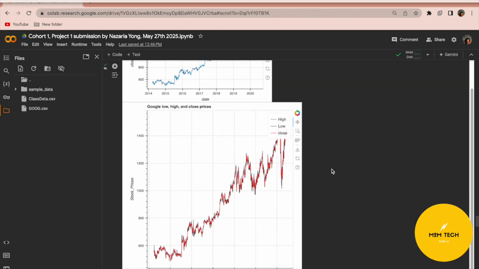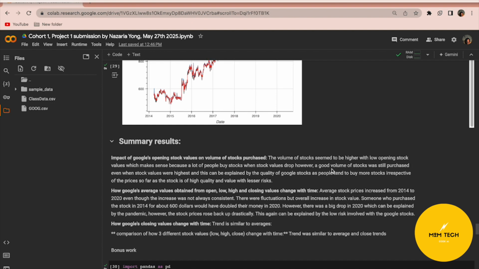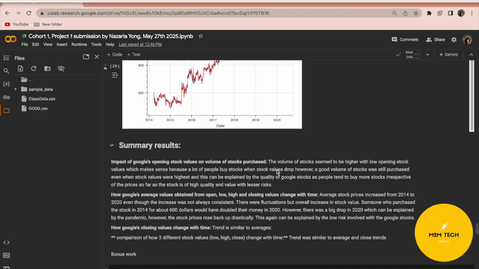Okay, so let me summarize all the results that I obtained in my attempt to answer the questions that I asked initially. So initially, I wanted to find out the impact of Google's opening stock values on the volume. So what I found out is that the volume of stocks seemed to be higher with low opening stock values, which makes sense because a lot of people buy stocks when stock values drop.